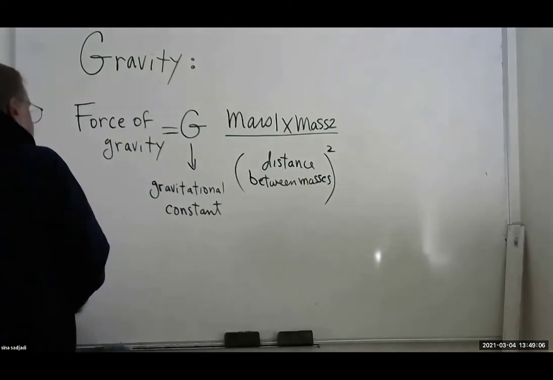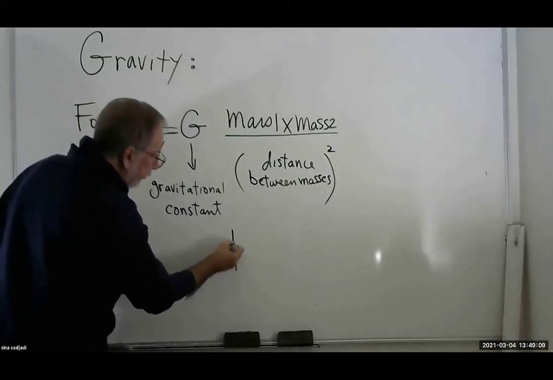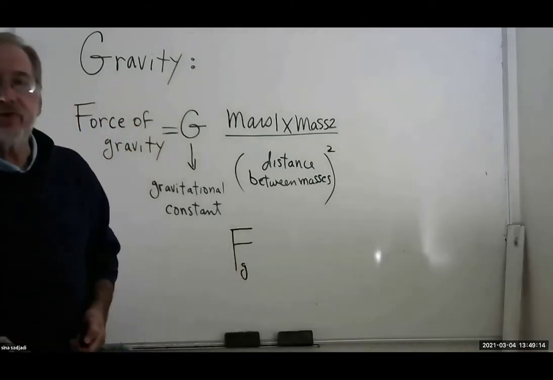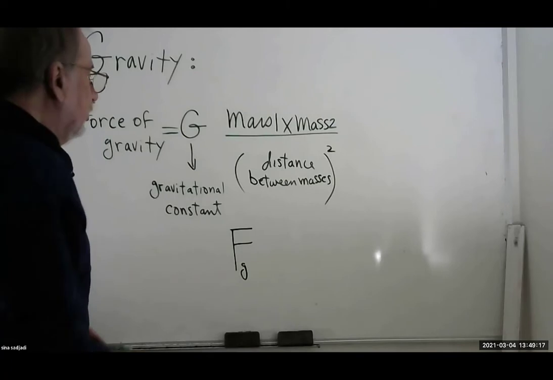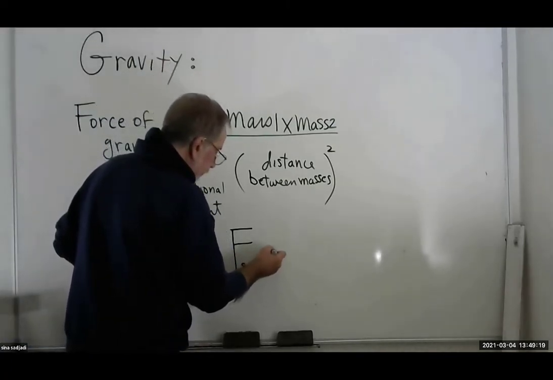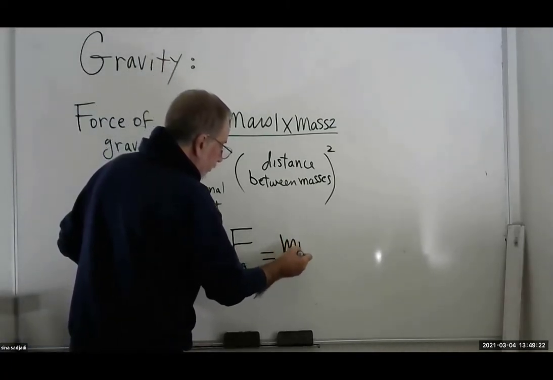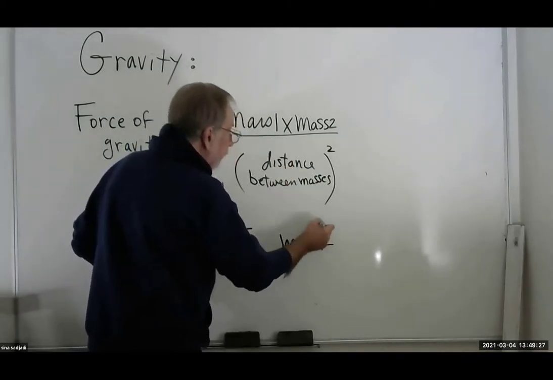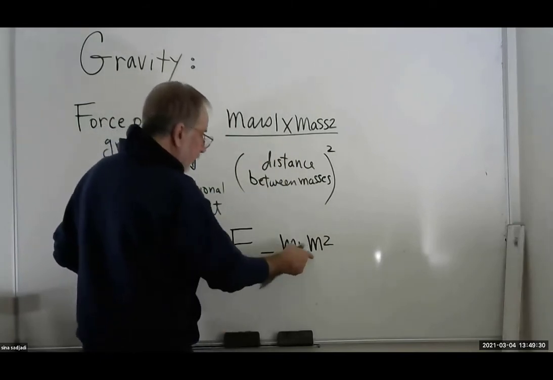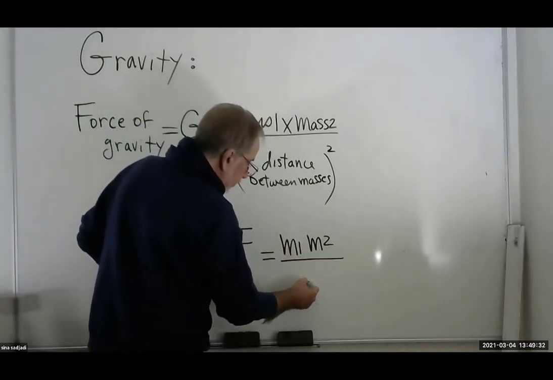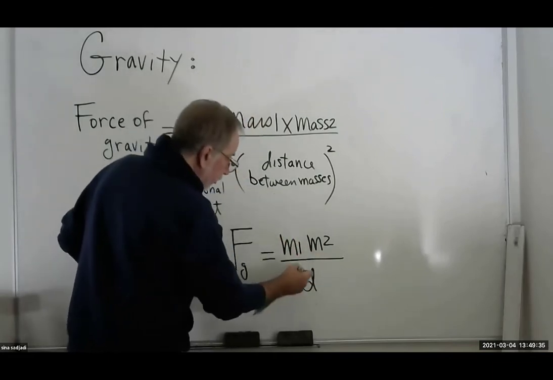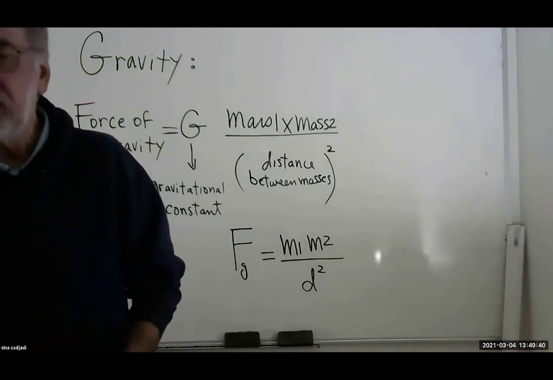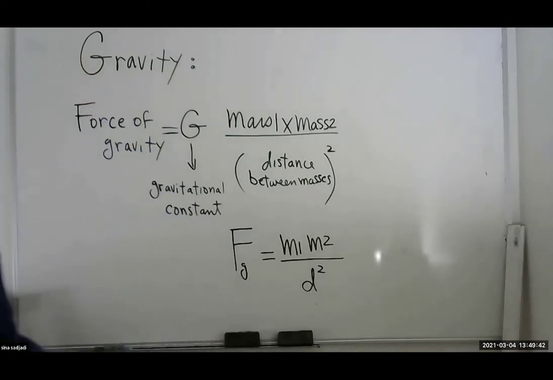Normally you find it in the book written like this. It says force of gravity is F of G. Thus force of gravity is equal to m1 times m2. Remember I said you don't need this multiplication sign. m1, m2 divided by d, the distance, to the power of 2, times itself.